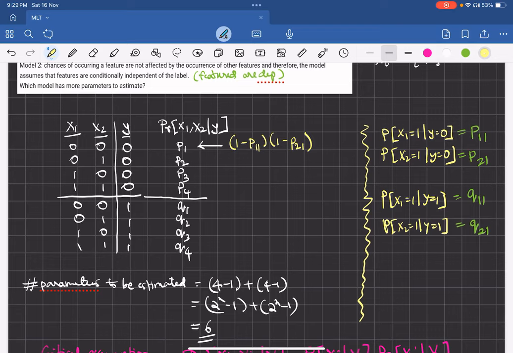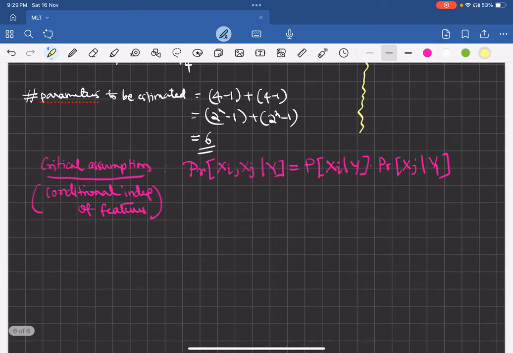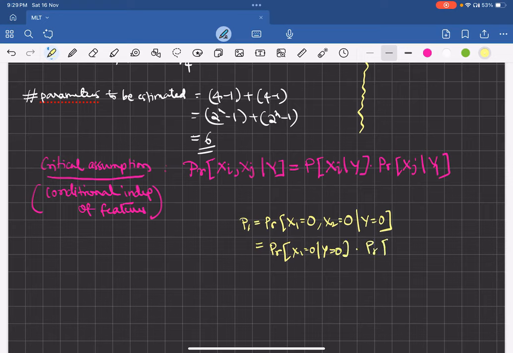How did I do that? What is P1? P1 denotes the probability that x1 is equal to 0, x2 is equal to 0, given y is equal to 0, right? Now, by this assumption on conditional independence, we can write this as the probability x1 is equal to 0 given y equal to 0 multiplied with the probability that x2 is equal to 0 given y is equal to 0.